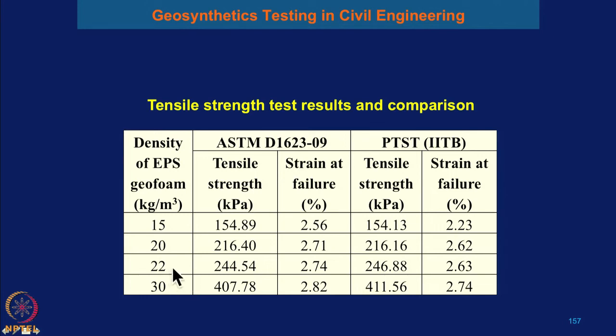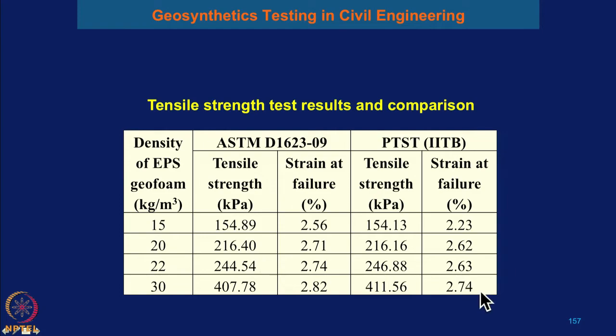Now, for a density of EPS geoform 22 kg per meter cube, as per PTST the tensile strength of EPS geoform is 246.88 kilopascal and the corresponding strain value at failure is 2.63. For the density of EPS geoform 30 kg per meter cube, the tensile strength of the geoform material as per PTST is 411.56 kilopascal and the corresponding strain is 2.74.